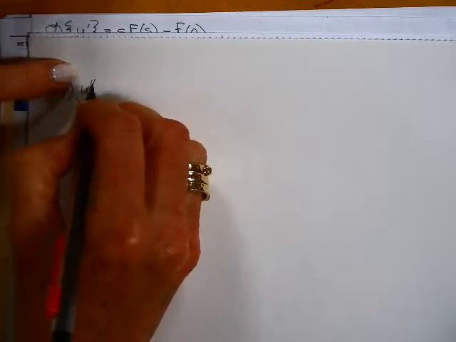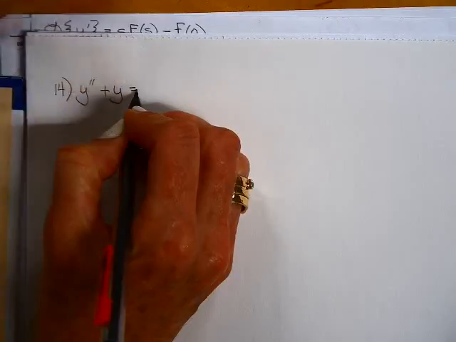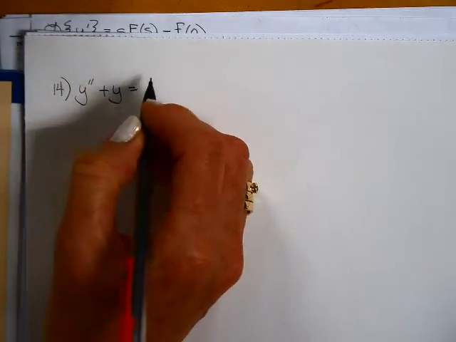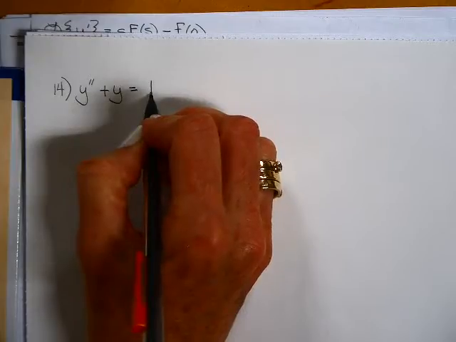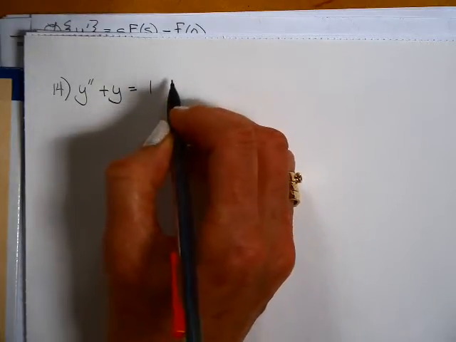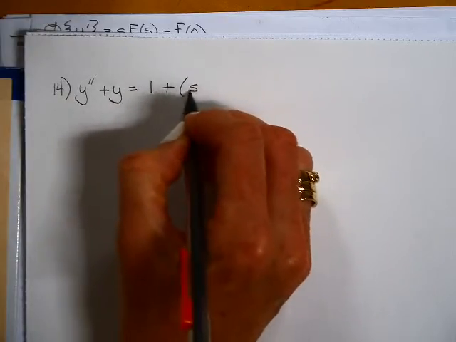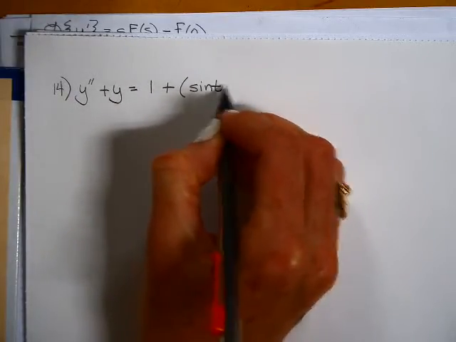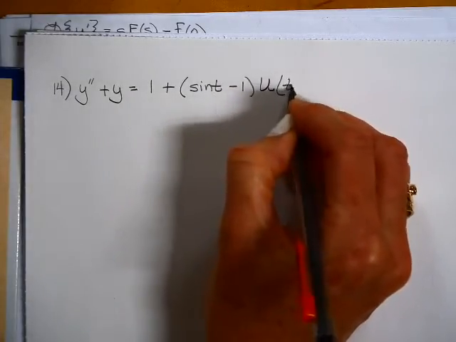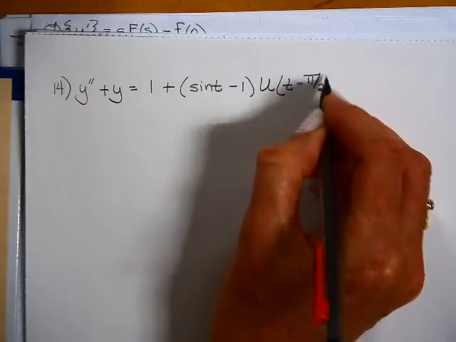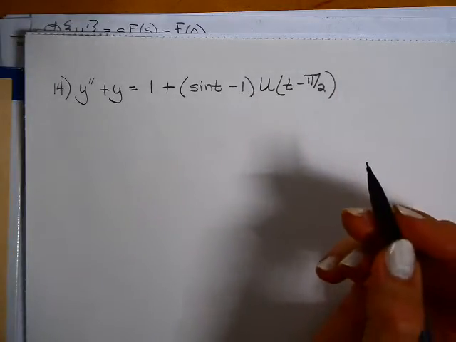Okay, this is y double prime plus y is equal to f of t. All right, now if you're looking at your f of t, it's a piecewise function. So it's 1 plus the sine of t minus 1 times my unit step function at t minus pi over 2. This is my function. And I'm back on page 309.